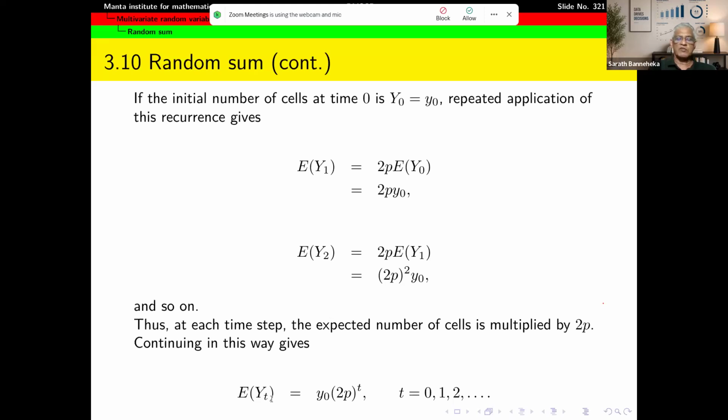Therefore, the expected value of Y_t will be Y_0 times 2p to the power t.